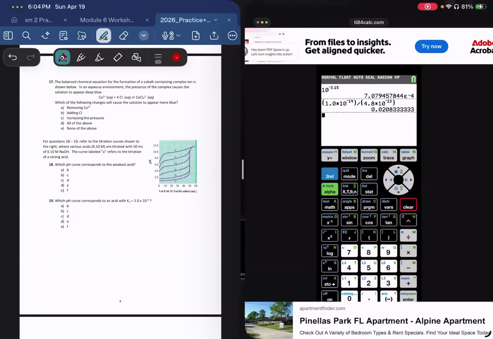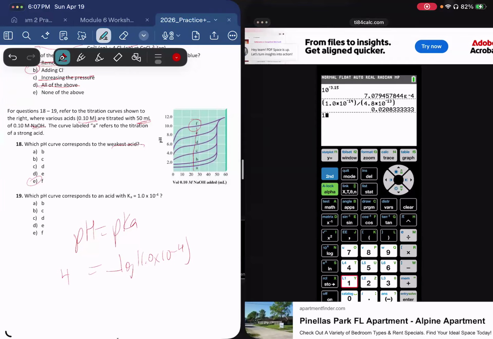Whichever one corresponds to the negative log of 1.0 times 10 to the negative 4, which is 4, I need to figure out which acid at this point hits a pH of 4, and this is C in this case. So B is the right answer.